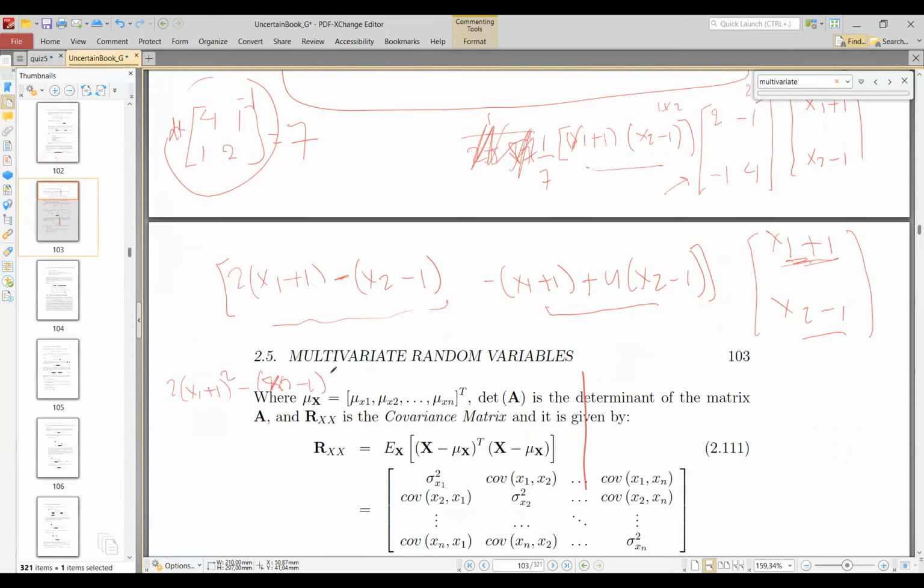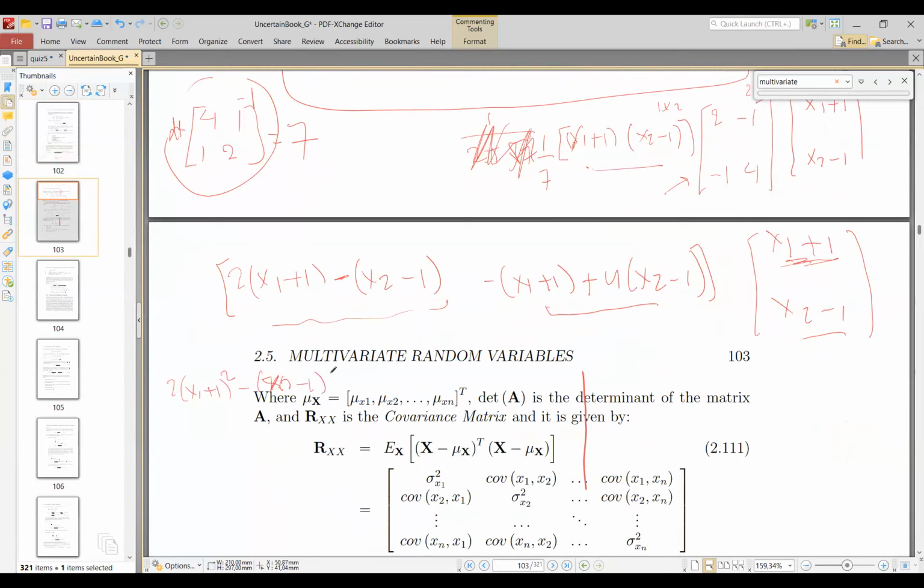This is the multiplication of this element times this element. And now you multiply the second one times the second one. Then it will be minus (x1 plus 1) times (x2 minus 1) plus 4(x2 minus 1) squared.